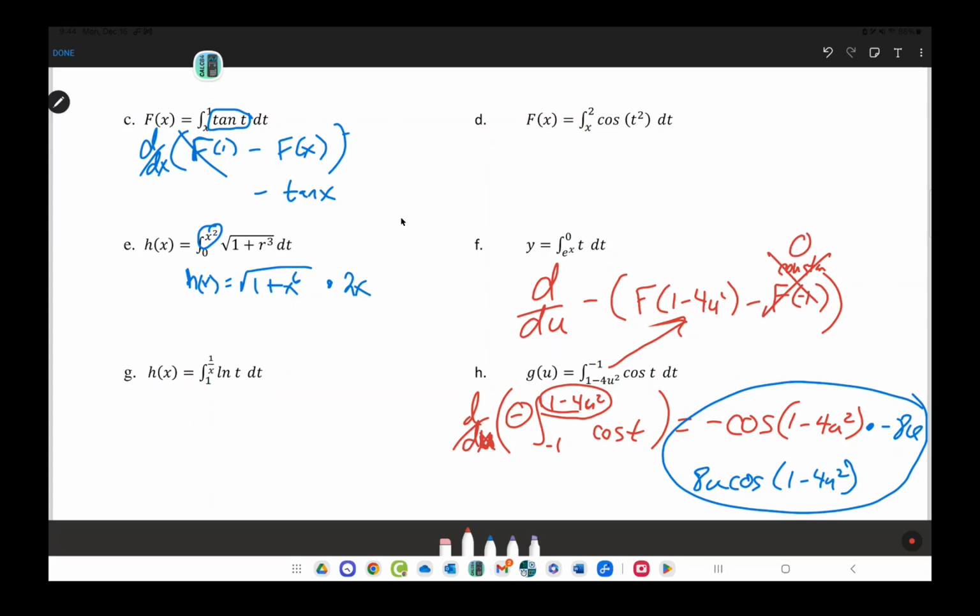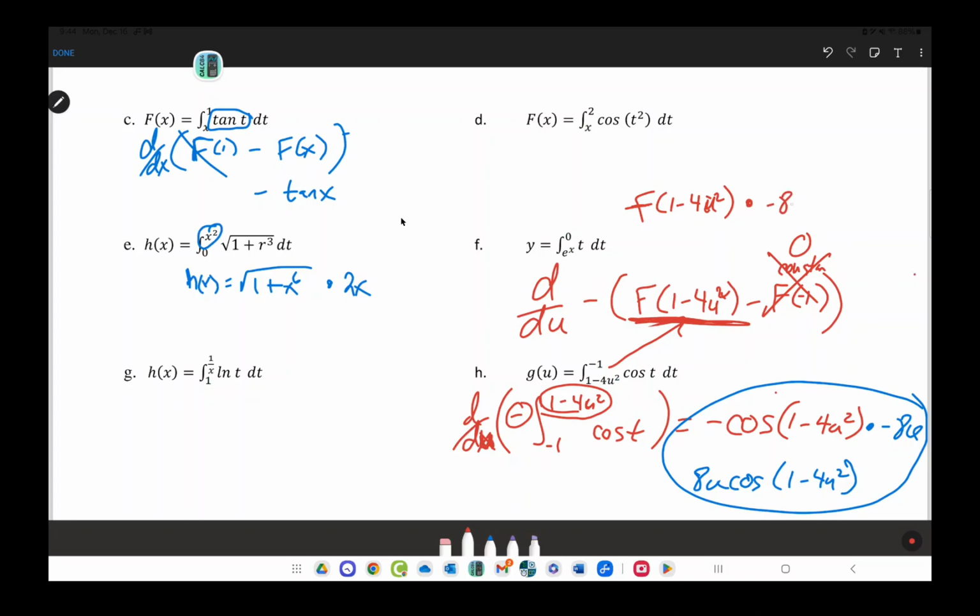Now, what is the derivative of a function F of x? The derivative of this right here would be lowercase f of 1 minus 4u squared, times the derivative of what's inside, because you still have to do the chain rule here. What's the derivative inside?